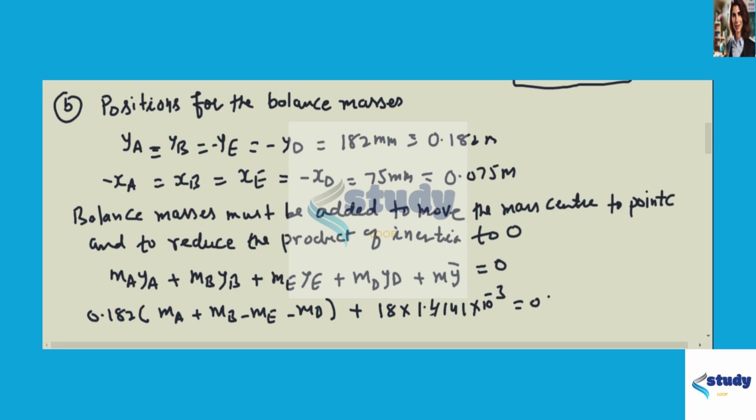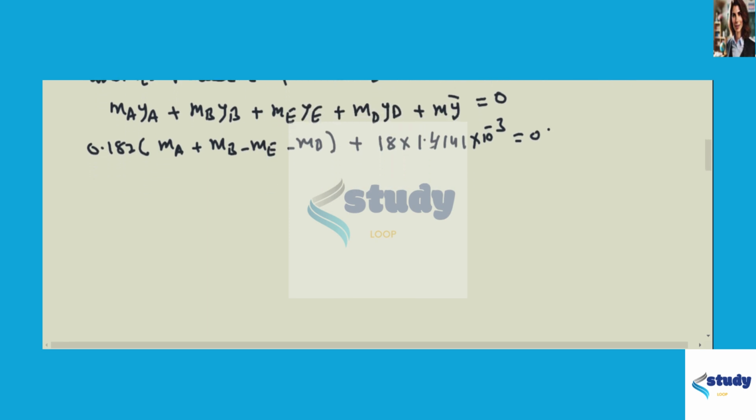So this equation can be written as MA plus MB minus ME minus MD is equal to minus 0.1425 kg. Say this is equation 1.